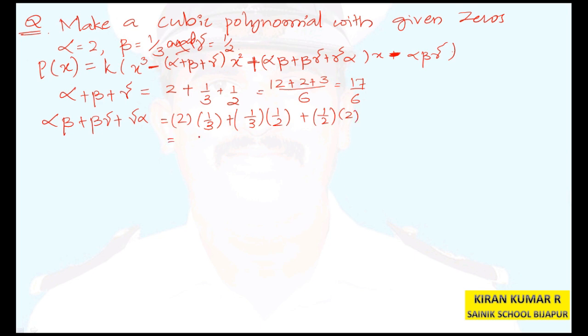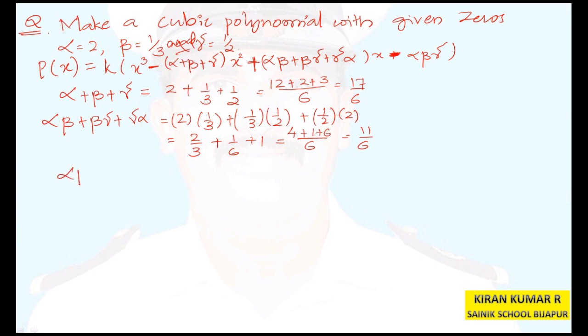Simplify this, we get 2 upon 3 plus 1 upon 6 plus 1. This will be 6 LCM, 4 added to 1 added to 6, 11 upon 6. This is sum of two zeros taken at a time.